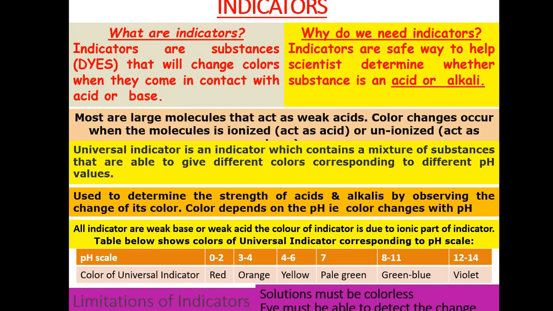Here a table is given which shows different pH values of different solutions. And as the color of the indicator changes, it gives us different pH values. But there are certain limitations of indicators, like solutions must be colorless and the eye must be able to detect the change.